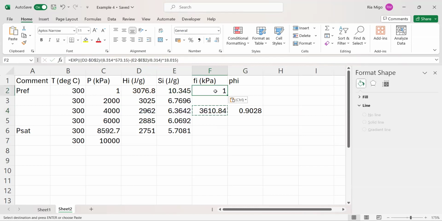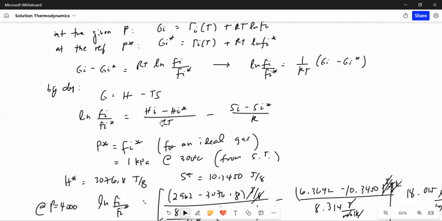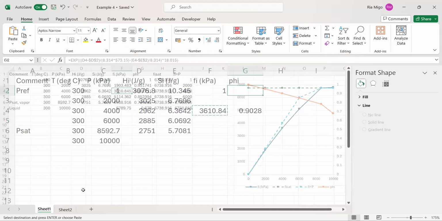Okay, so notice that at the reference pressure, the values of the difference in the enthalpy, this term is 0, and this one is also 0. The exponential of 0, so e raised to 0, is 1. That's why this one is 1, and also phi will be 1.